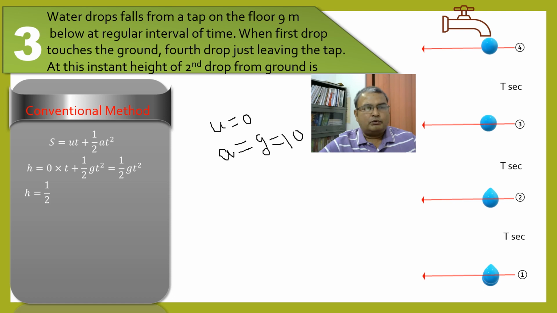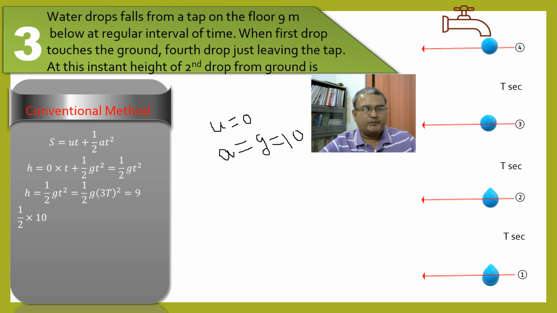That's why h equals half g. At the place of the t, we are going to substitute 3t, capital T, 3t whole square. Value of h is given to us, the 9. We can solve it out for the t square, or we can find the time interval between two consecutive droplets.